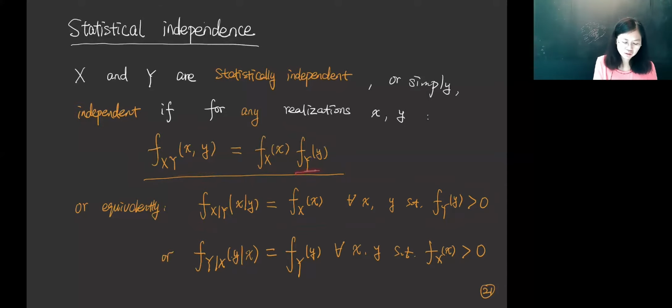So if you divide both sides by the marginal PMF of y, you get this definition of independence. If you divide both sides by the marginal PMF of x, you get this expression for statistical independence.